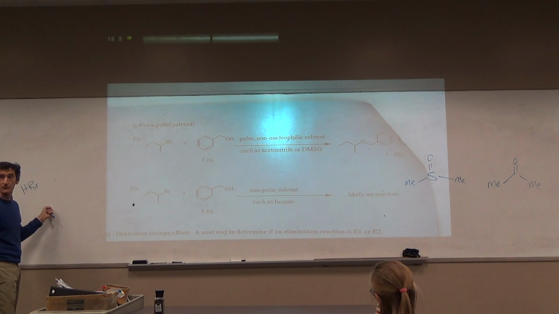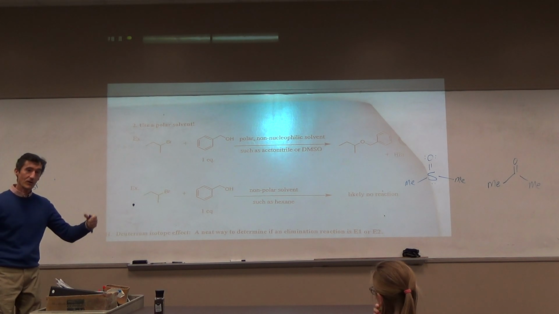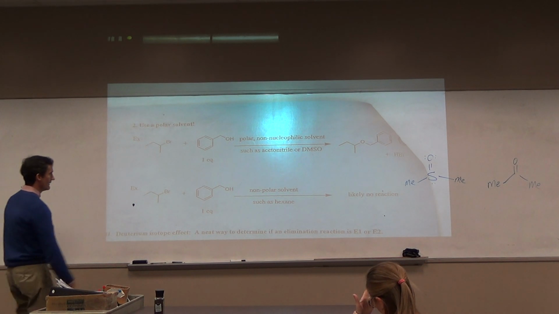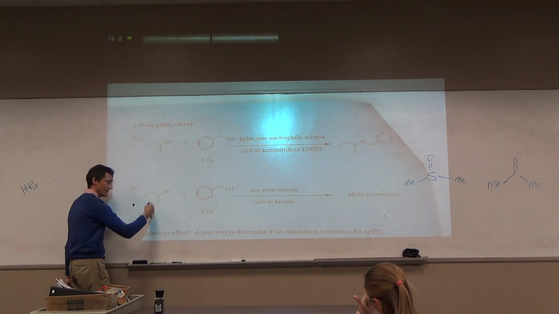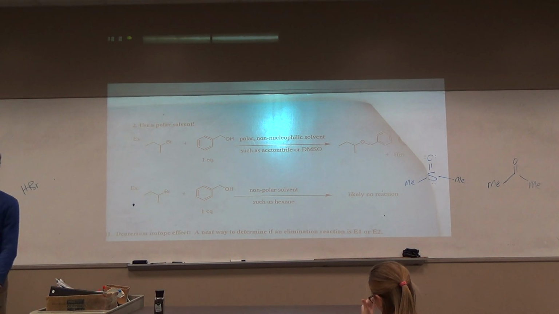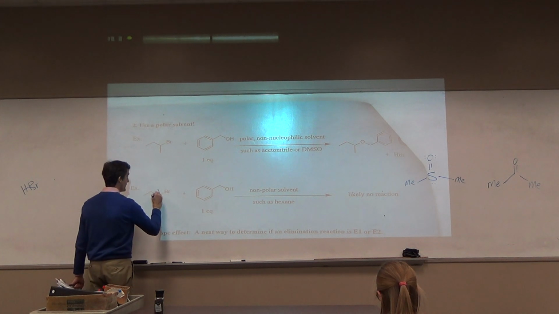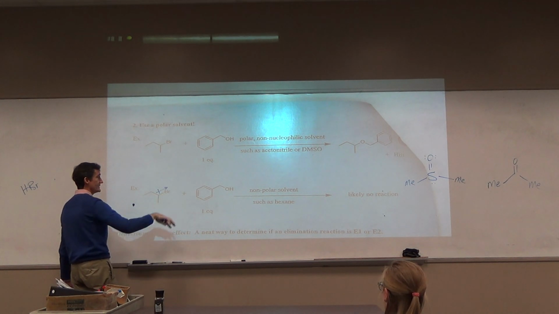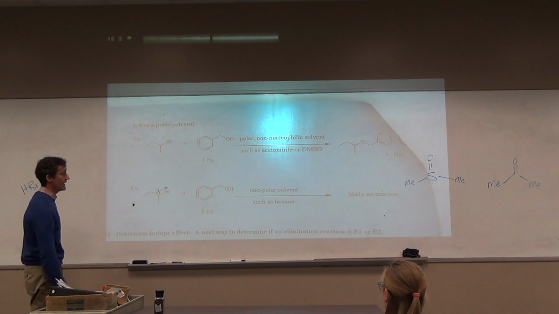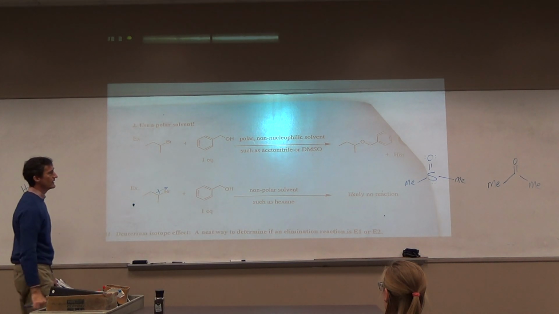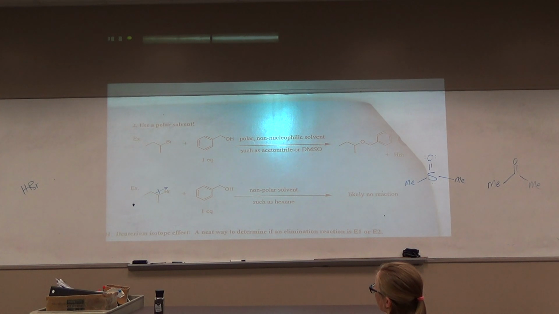I made carbocation, what's the minus? The Br minus, yeah. You turn this into two ions. That's the definition of polar. It's already polar from a dipole, but when it ionizes, it becomes extremely polar. Hexane doesn't like mixing with the polar, so that's not going to help. Probably not going to react. So, a polar solvent is going to facilitate ionization.